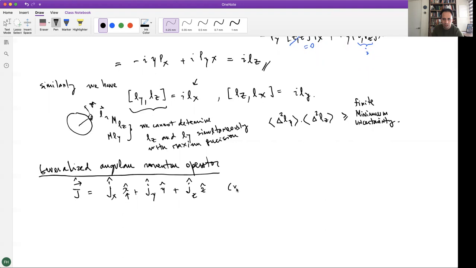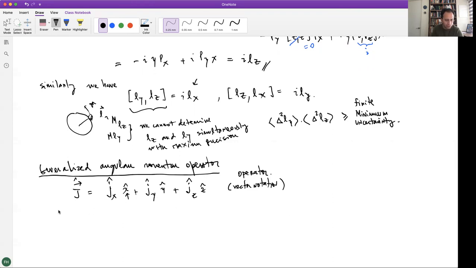So this is a vector notation. And why is it a vector notation? We will see that all angular momentum operators behave as a rank 1 tensor, and rank 1 tensors have 3 components and behave like vectors with respect to rotations. That's why we call this a vector, and this is a vector notation. That's very common. And this is an operator, okay? It's not a classical vector. It's not a Cartesian vector. It's an operator.